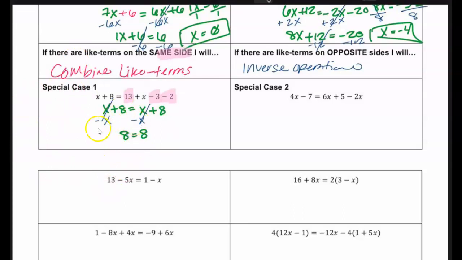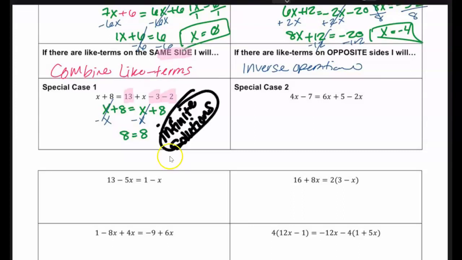If all your x's cancel out, and you're only left with constants, such as 8 equals 8, or 5 equals 5, or 1,000 equals 1,000, negative 1,000 equals negative 1,000, this is a case of infinite solutions.